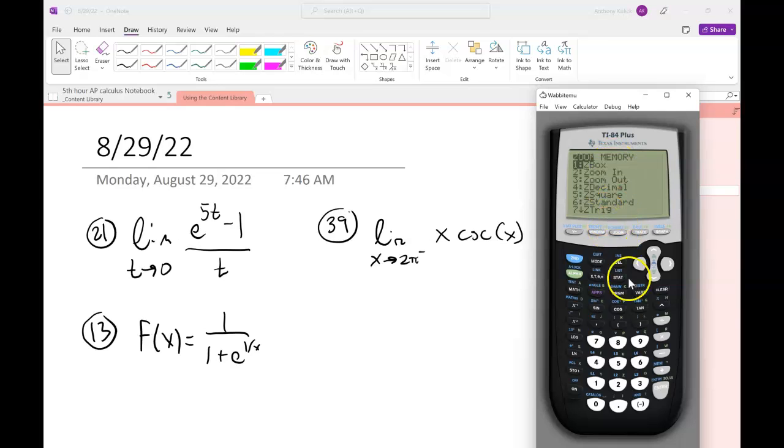And then I'm going to do zoom trig, which will reset my stuff there. And probably going to turn our axes back on so I can tell where negative 2 pi is.